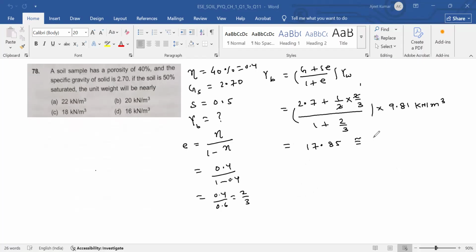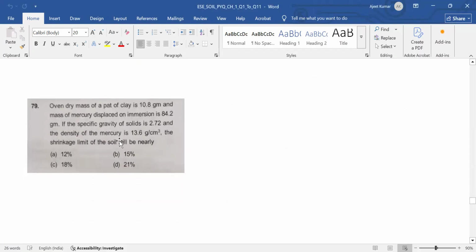This is nearly 18 kilonewton per meter cube, and option C will be the answer. Okay, now we have done question number 78. Now we will see question number 79.